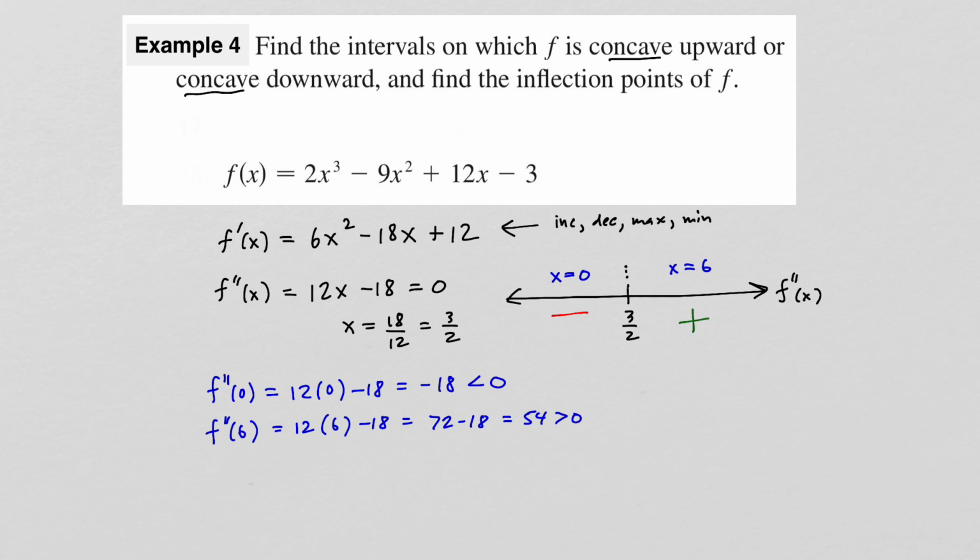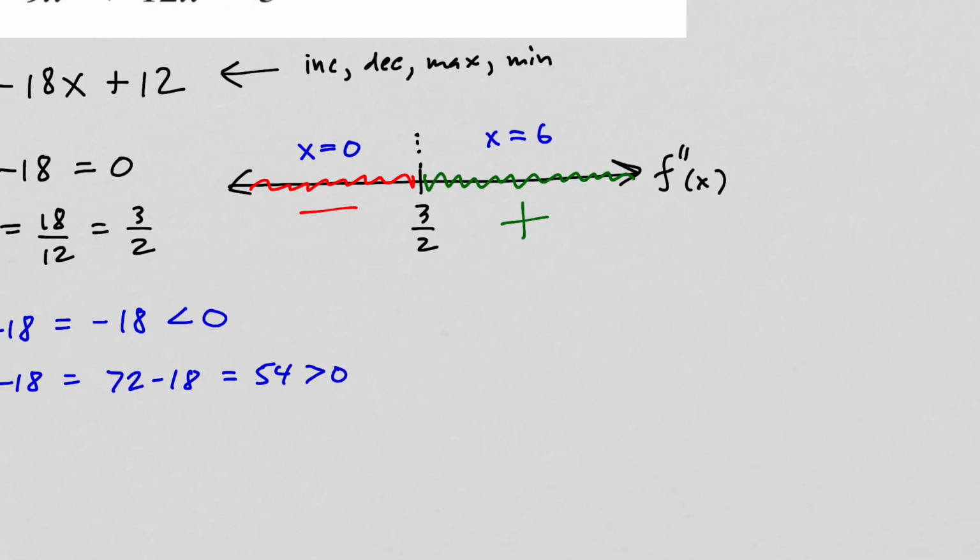Okay, so we know the second derivative is positive to the right of 3/2 and negative to the left of 3/2.